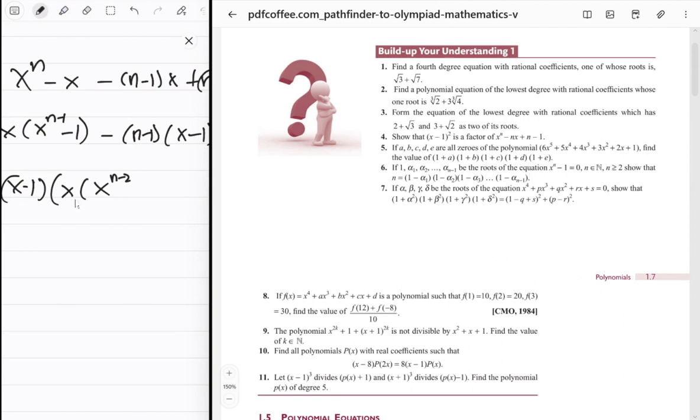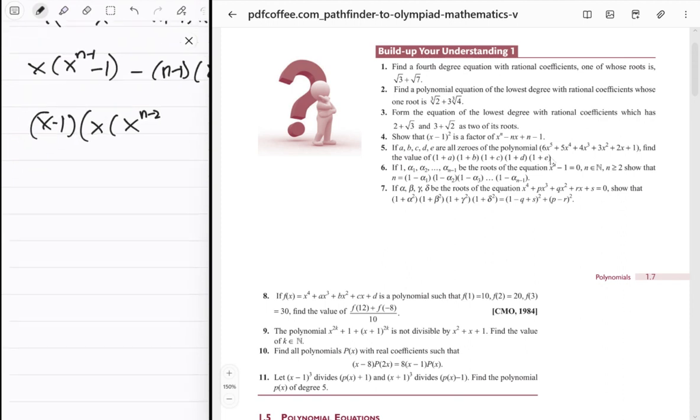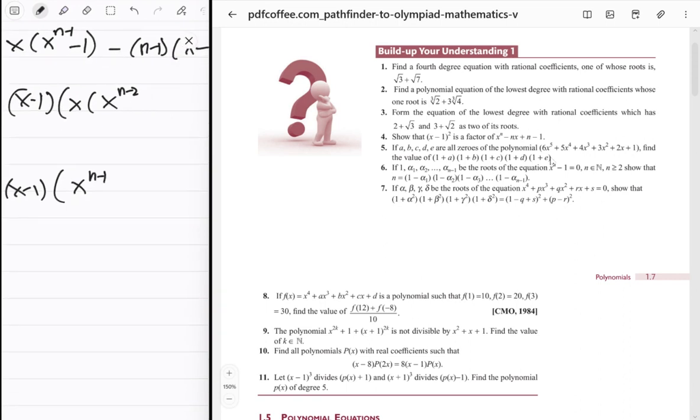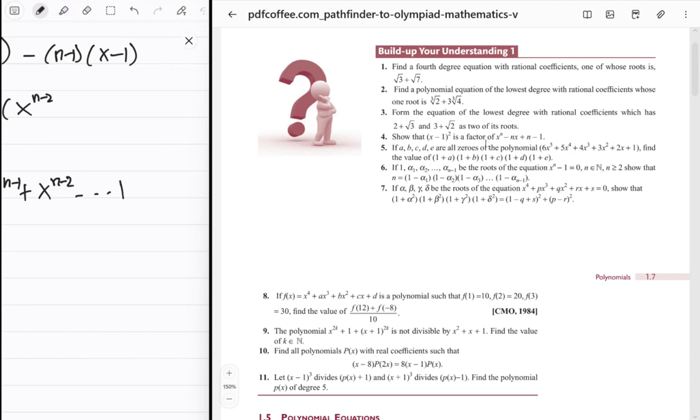And interesting. Okay, just keep on going like that, and you will eventually get to something. Or you could just have gone with this x power n minus 1 first. Yeah, why not do that? So let's be like x minus 1 times x power n minus 1 plus x power n minus 2, and so on till 1. That's this thing when you factor out x minus 1 from there. And then when you factor that out, it's going to be minus n.